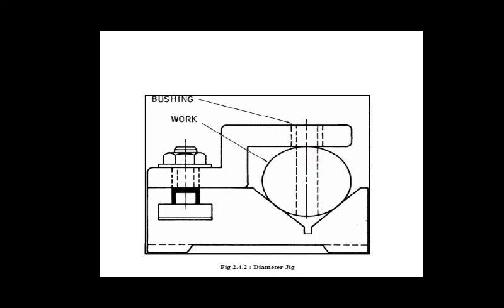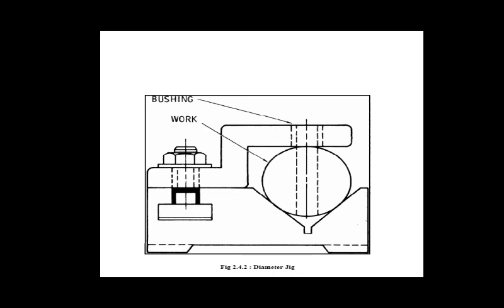And next we have seen the leaf jig. It is also one sort of open type jig in which the arrangement swings about a fulcrum point, so that it completely clears the jig for easy loading and unloading of the workpiece.